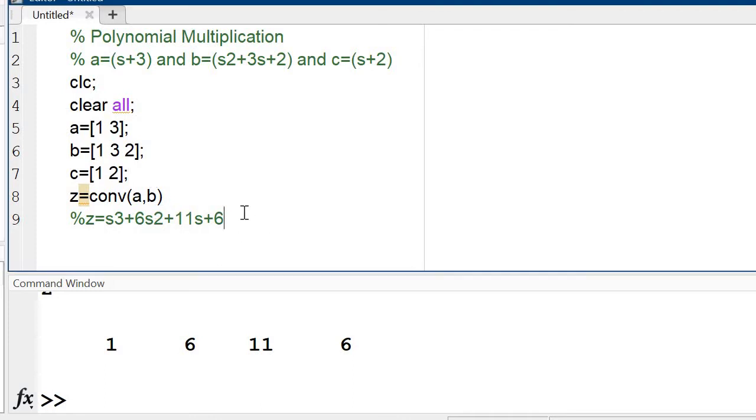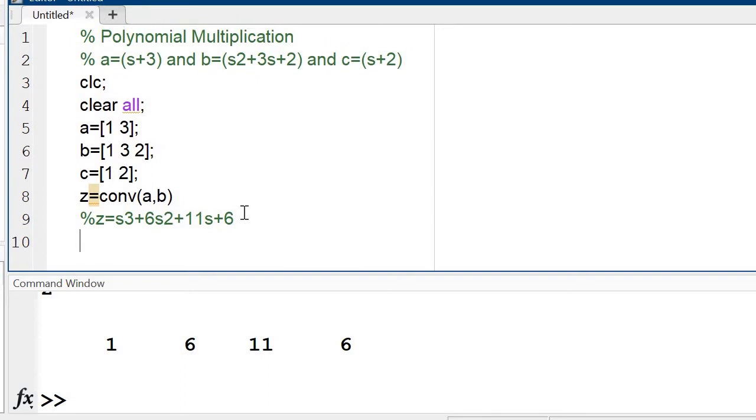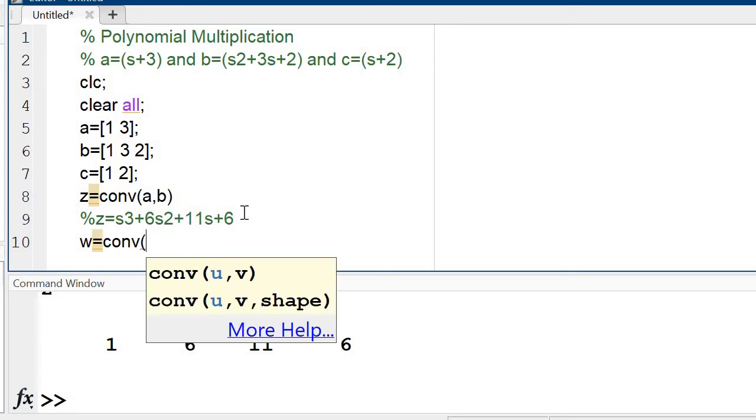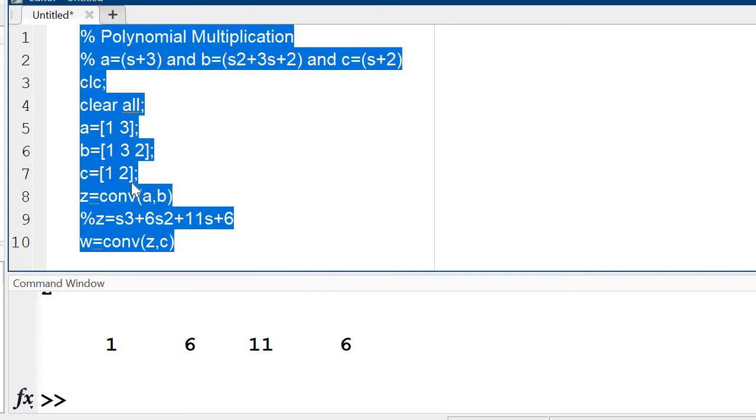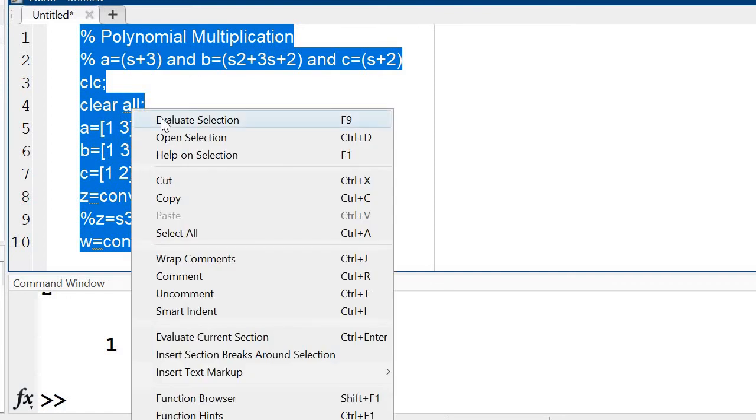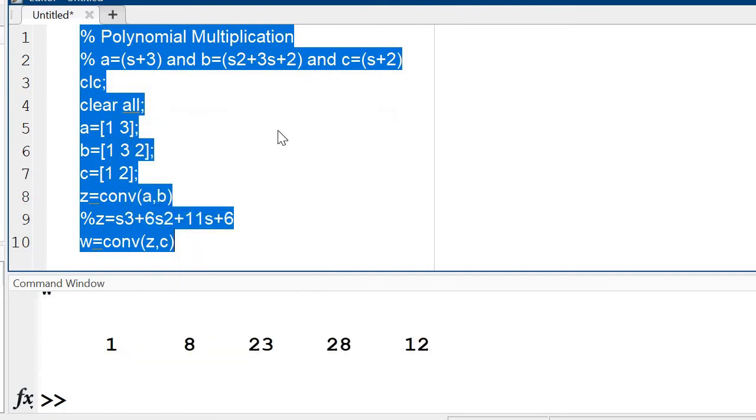Now after that I am taking the output, w is equal to conv bracket z comma c. Correct? Now select this part and evaluate, or you can run this function by the word Run at the top. Now the answer is 1 8 23 28 12.